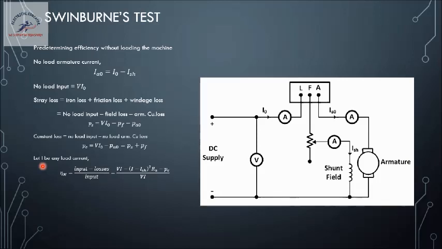So V I minus, where I minus I_sh, supply current minus field current, gives us the armature current. So armature copper loss and constant loss: input minus variable loss minus constant loss gives us output divided by input. So this is the efficiency of a DC motor using Swinburne's test method.